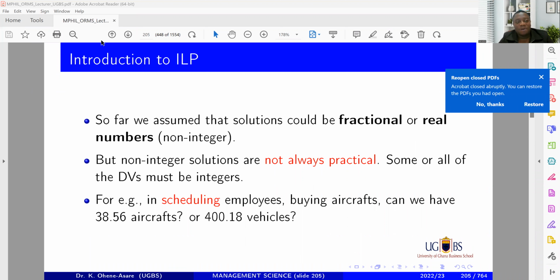You are talking about 1.8 radio adverts. It doesn't make sense. It's not practical to buy an aircraft, which is in total 38.56 aircraft. It's not practical to buy 418 vehicles. Decimals don't make sense in this context.